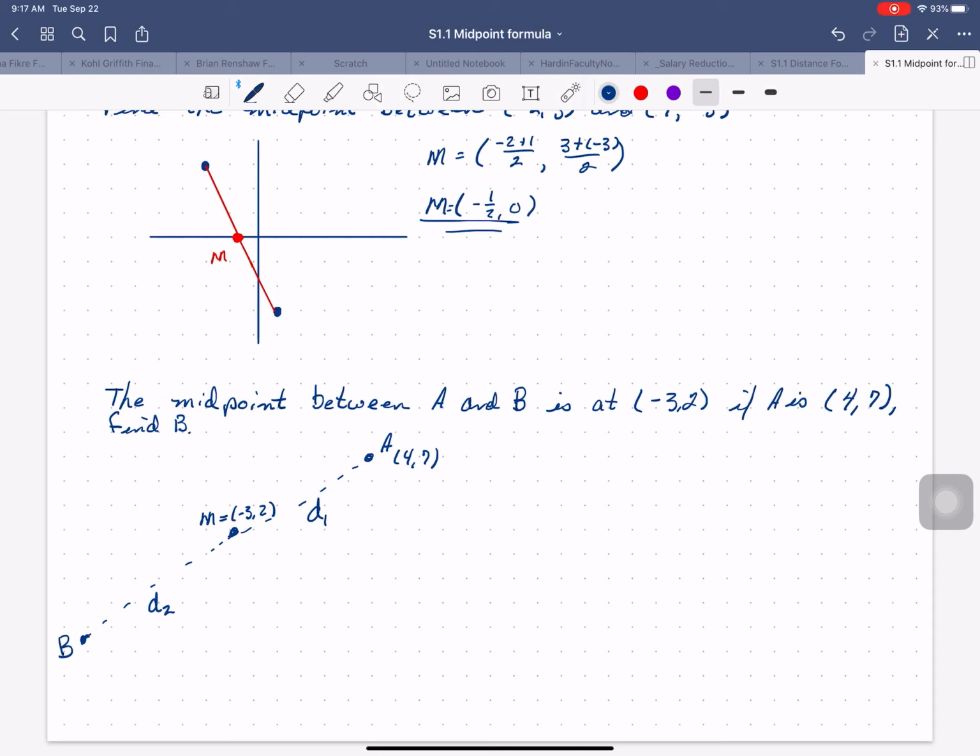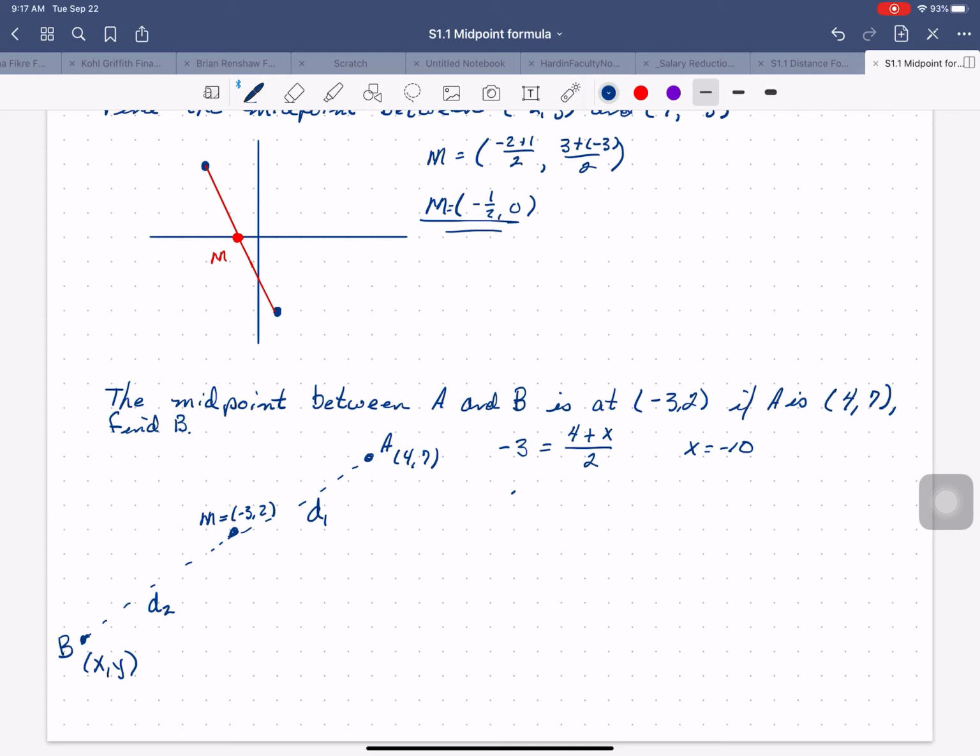Because what do I know? I know that the x-coordinate, and let's just call this guy x, y. The x-coordinate of my midpoint is equal to the x-coordinate of my A point plus the x-coordinate of B divided by 2, which means that x is going to be -10.